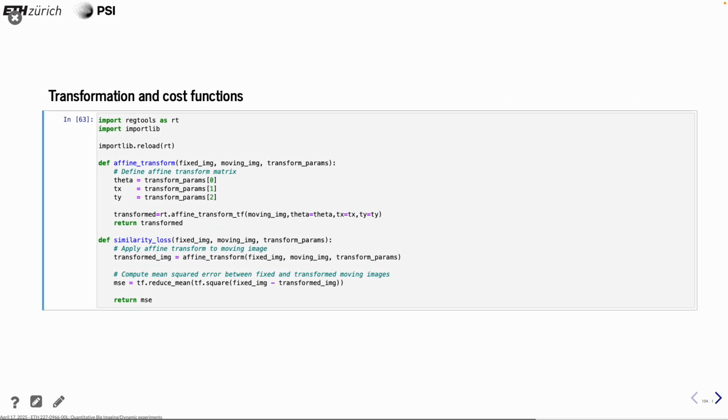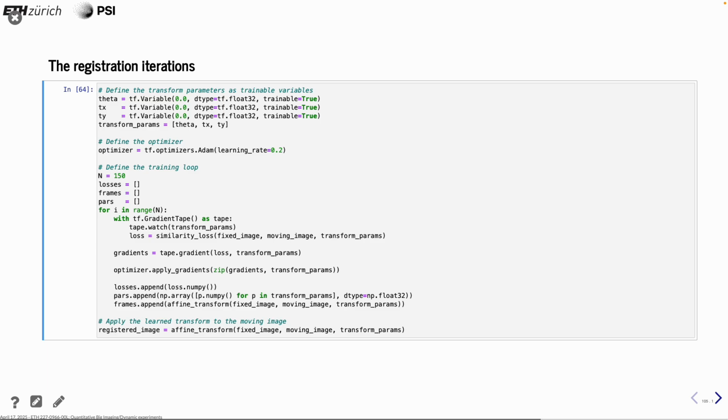And then we have to implement our transformation function and some kind of loss function. In this case, the loss we use is the mean squared error. So we just compute the difference between fixed and transformed, square it, and compute the average value. And then we have our registration iterations.